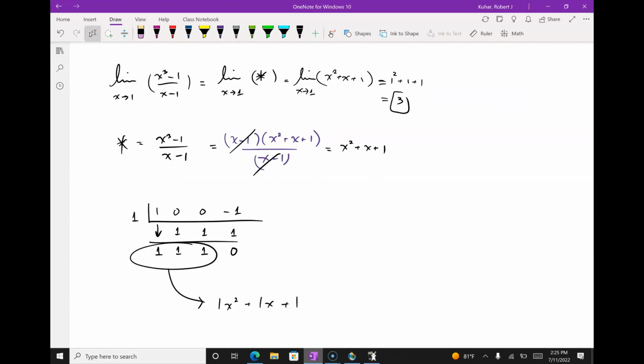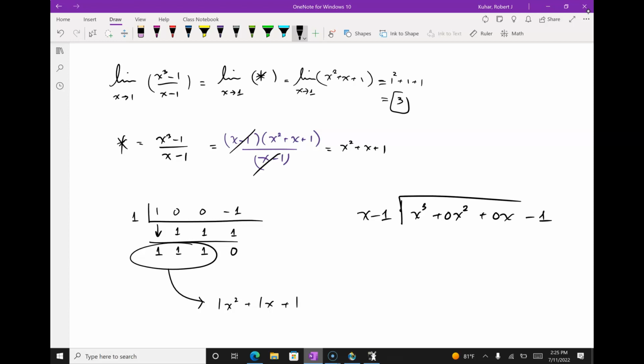Long division would work if you forget how to factor that. You want to see the long division? So I'm doing x minus 1 into x cubed plus 0x squared plus 0x minus 1. Right?